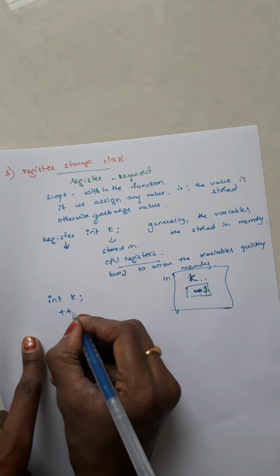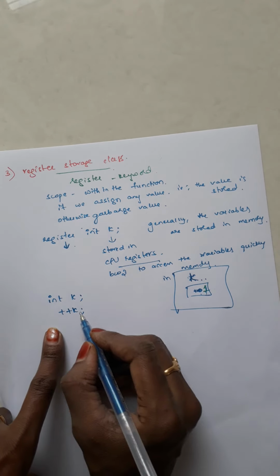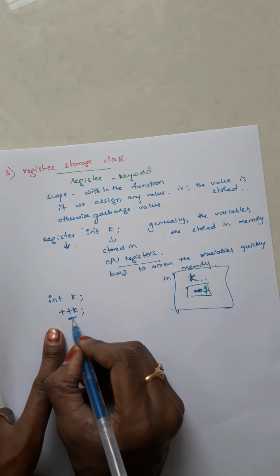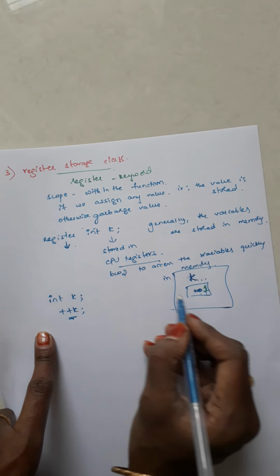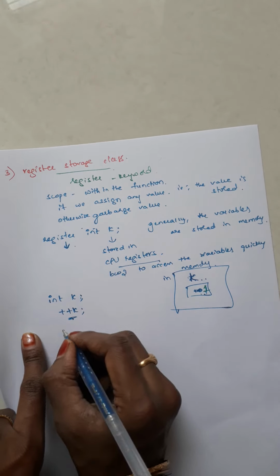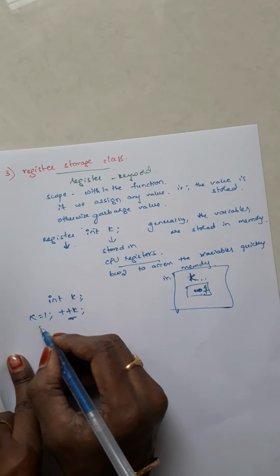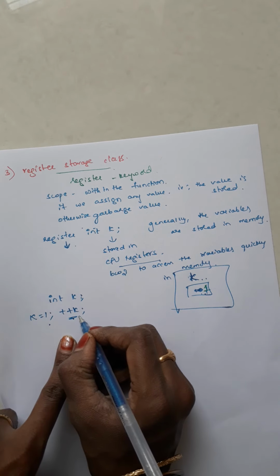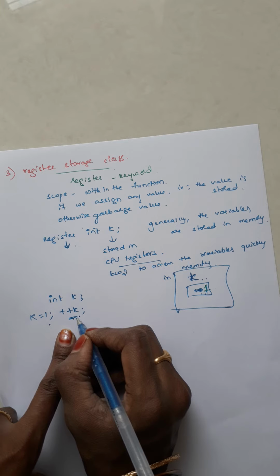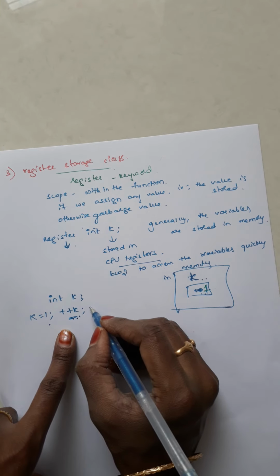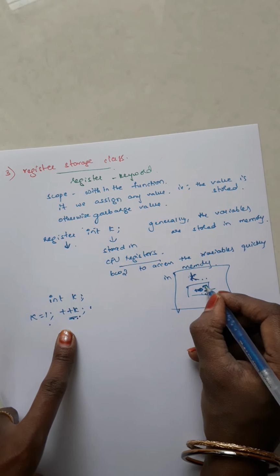Now we increment the k value by 1. What is the k value now? Initially k equals 1, now k is incremented by 1, so k is 2. Where will it be updated? In memory.